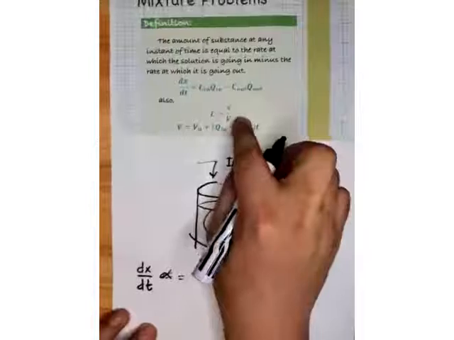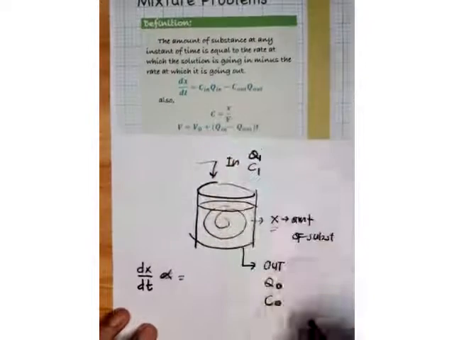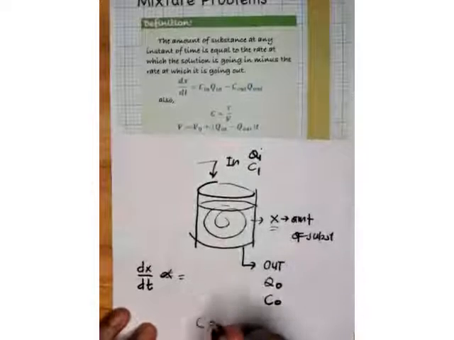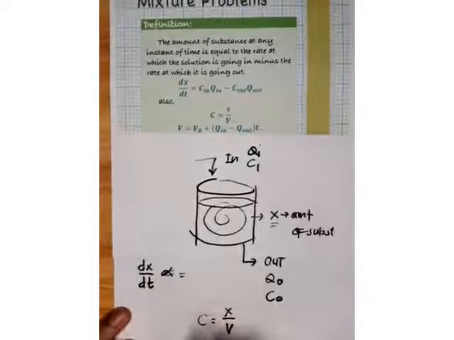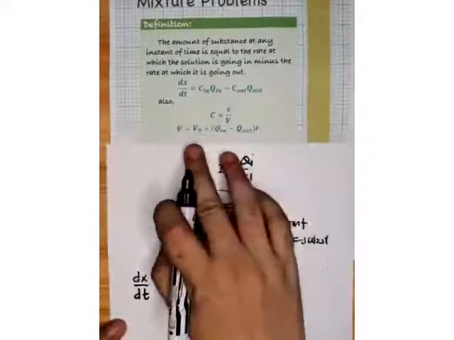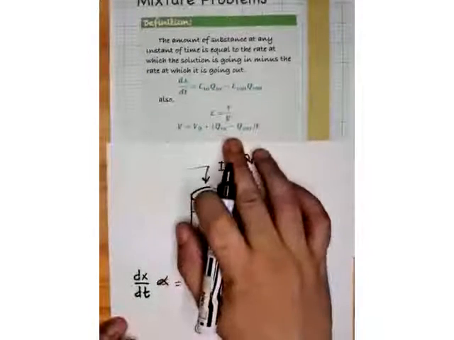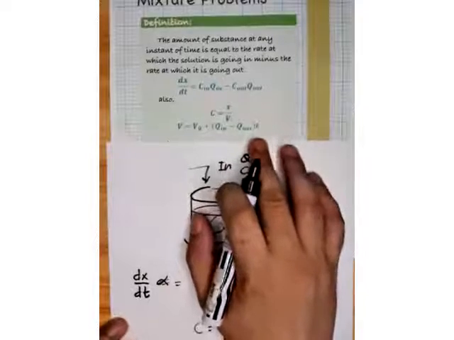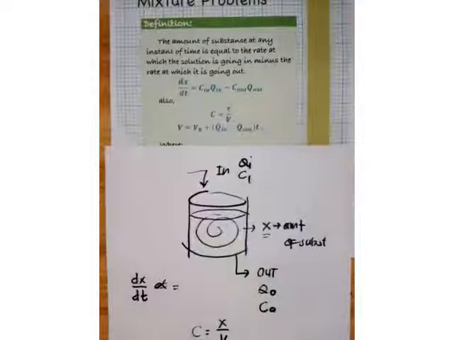At yung palabas natin, ang concentration natin, C, ay equal siya doon sa amount of substance over volume. At yung volume natin is equal siya sa final volume, yung initial volume plus yung rate ng pagpasok minus rate paglabas times T. So ito yung formula na kailangan natin tandaan in solving differential equation application ng mixture problem.